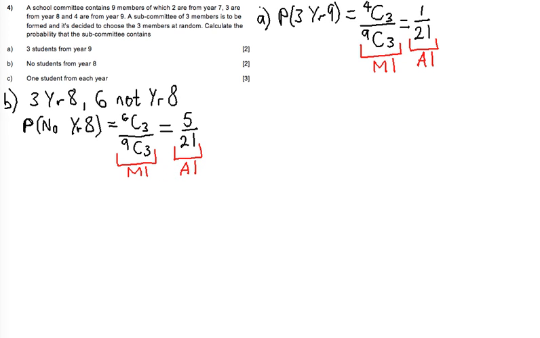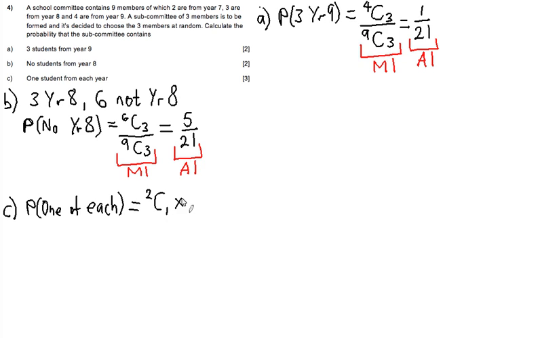Excellent. So, part C, we want to calculate the probability of 1 student from each year. So probability 1 of each. What we're thinking here is that this has to be the probability of 1 from Year 8, 1 from Year 7, and 1 from Year 9. So 1 from Year 7, there's 2 students from Year 7, so it's going to be choosing 1 from 2.